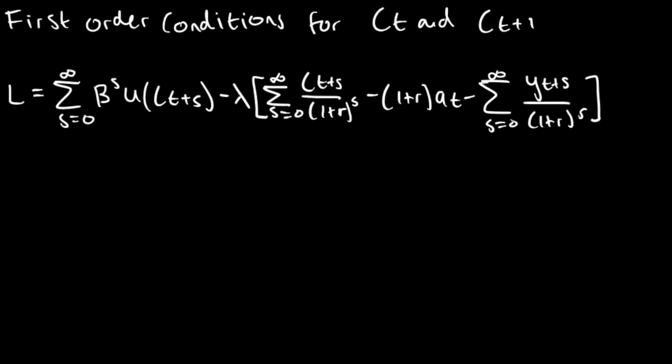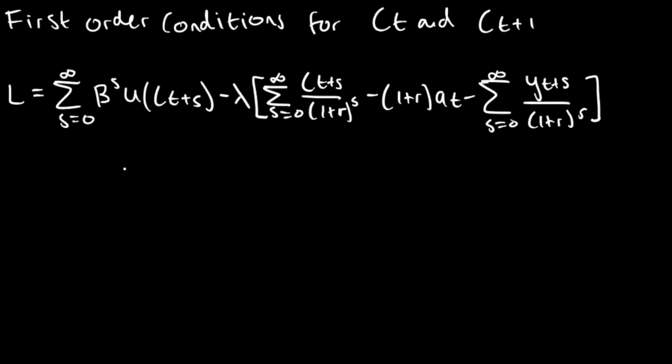Remember, this is S. That is all we will need to do in order to get from this Lagrangian to the Euler equation: take those first order conditions for those two variables, and from that we'll arrive at our Euler equation.